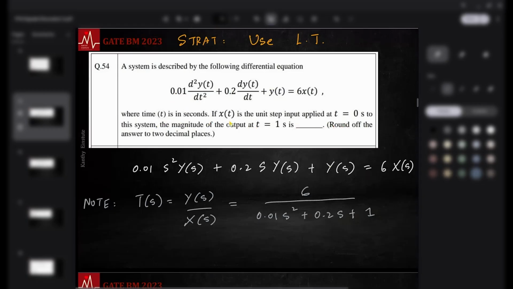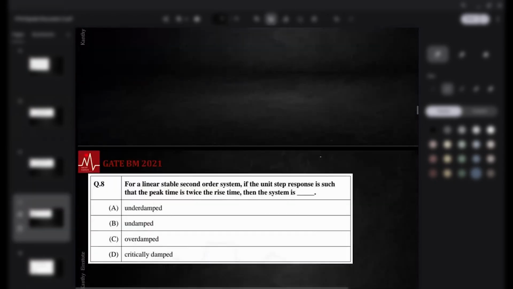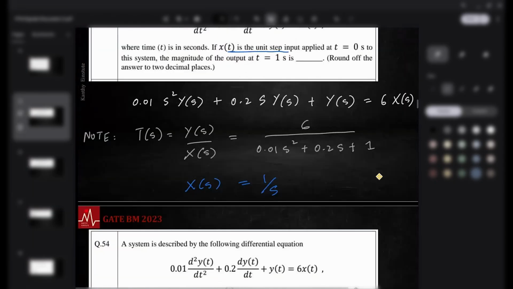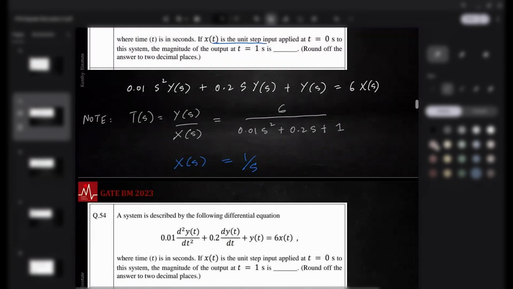So notice, X of s is a step, so this is 1 by s. Your Y of s is 1 by s times 6 by 0.01 s square plus 0.2 s plus 1.